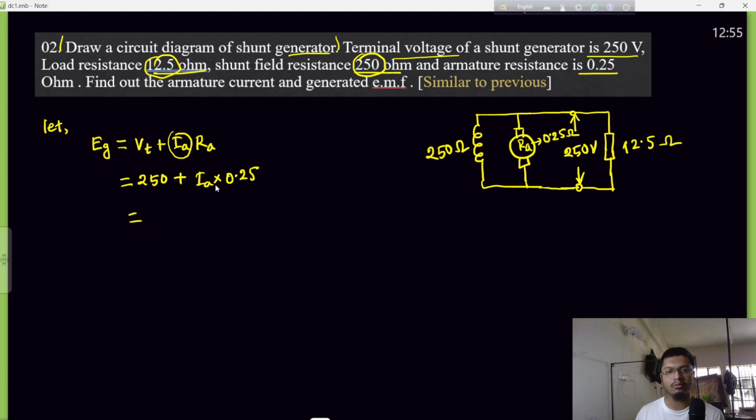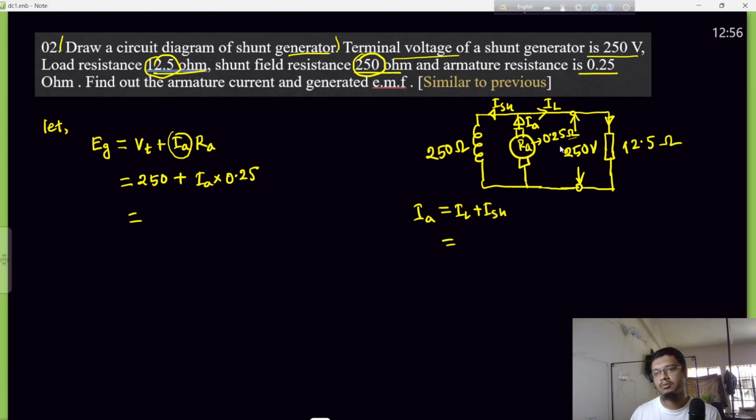Now let's find out the armature current. The armature current is coming from the armature coil and it divides in two ways. One of them is the load current or terminal current and another is the shunt current. So according to KCL, Kirchhoff's current law, we can write IA equals IL plus ISH. Here we have to find out the load current IL.